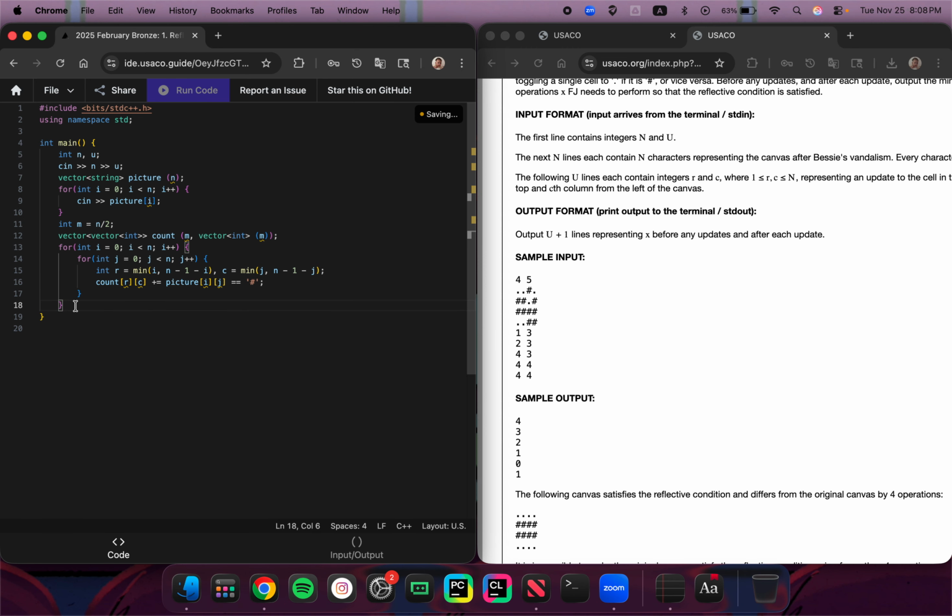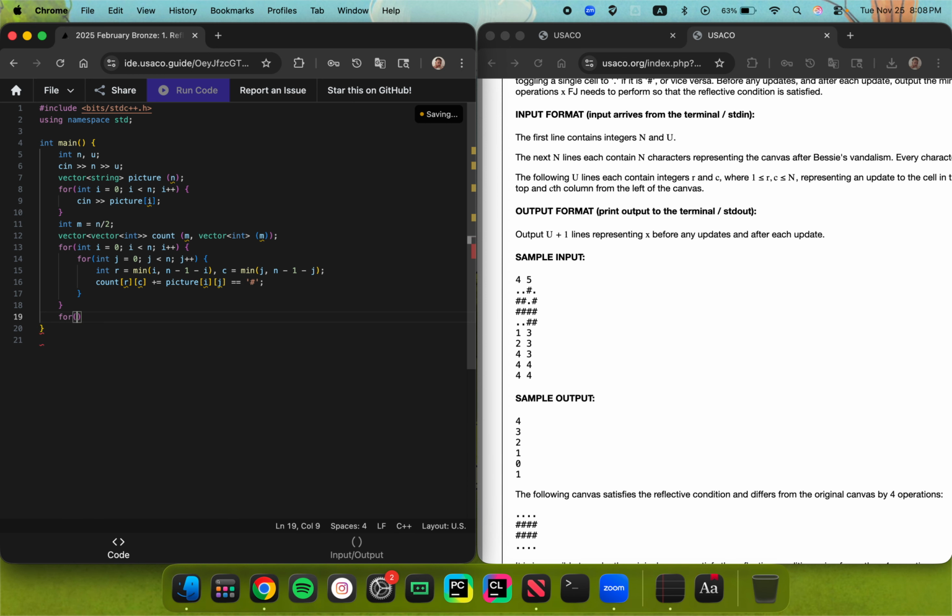And now that we have our count, right now we want to find the first answer, which is before we do any of the updates. And the first answer is the number of reflections we need right now. So for int i is equal to 0, i smaller than m, i plus plus, for int j is equal to 0, j smaller than m, j plus plus.